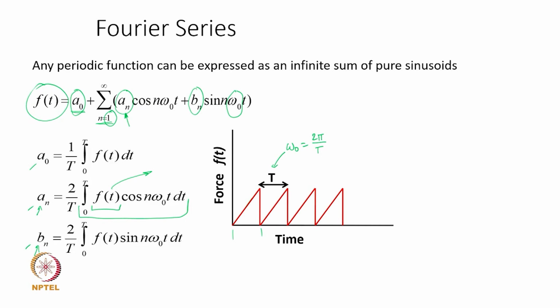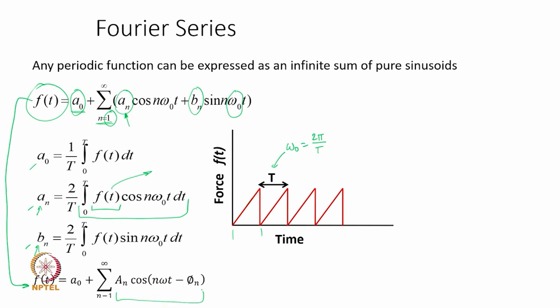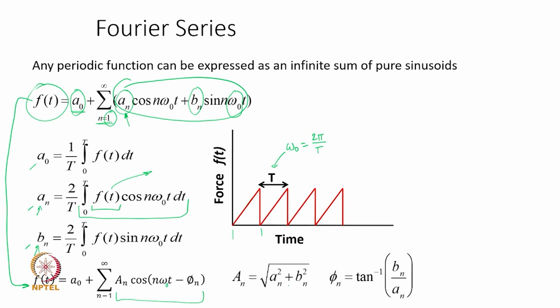Once this is done, I need to now have an idea of how do I capture f of t. Now, of course, another way of writing this function is this, that you have the two harmonic functions clubbed as a single expression. We all know how that can be obtained, but this can be written in a more compact form like A n cos(n omega naught t minus phi n), and that A n is the square root of a n square plus b n square from this expression, and phi n is defined like that.